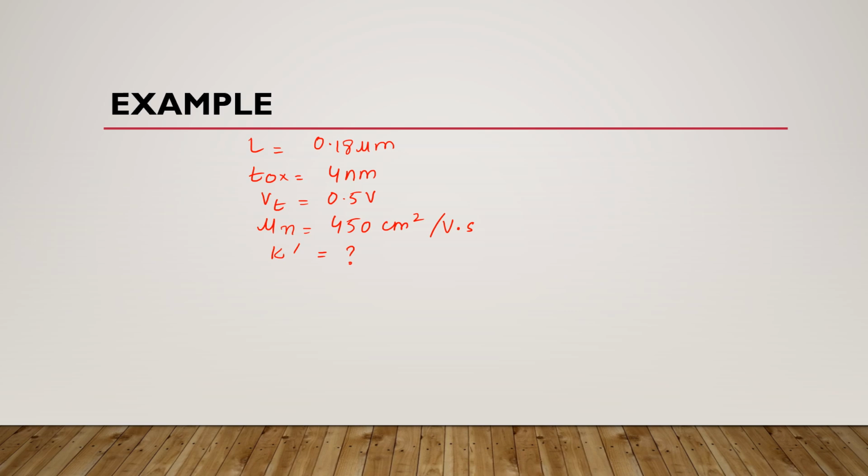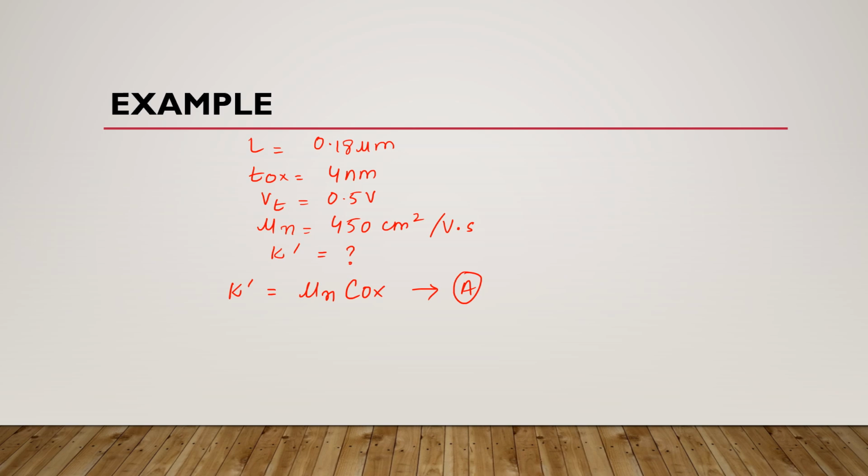Then how will you start your analysis? We know that process transconductance parameter is equal to mobility of electrons multiplied by capacitance of oxide layer, and here we call this equation A.